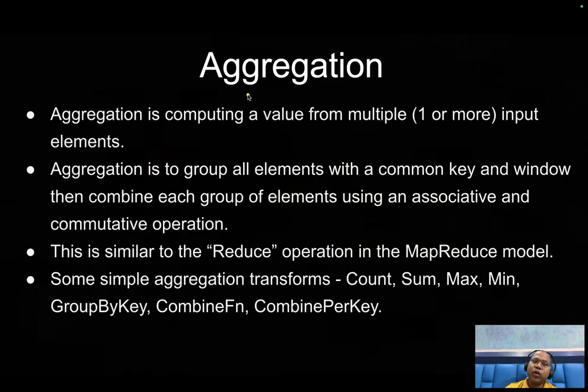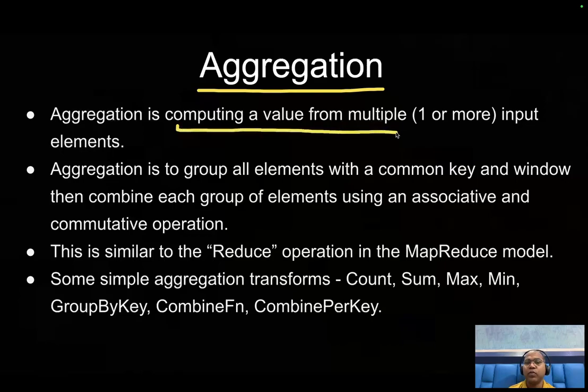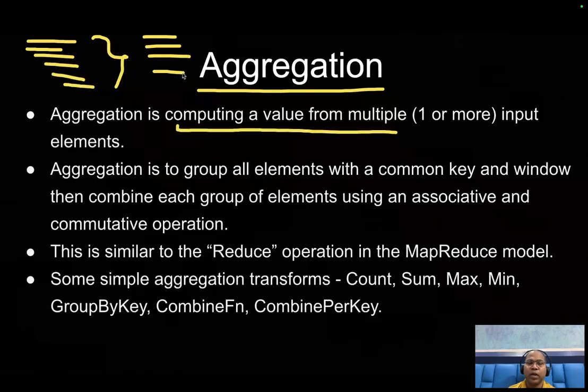Whenever you talk about transformation, that means you can perform some kind of aggregation. Aggregation means computing a value from one or more input elements. Sometimes lots of events are coming and you want to aggregate them, performing summation, count, max, mean, average.